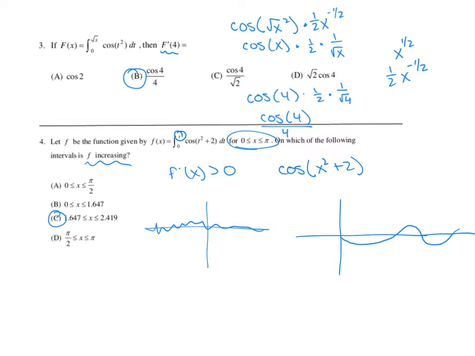This derivative is positive, it looks like kind of right in here. And we can use the calc menu, we can use the find 0 function to get those values for x. And it's going to give us this answer C.